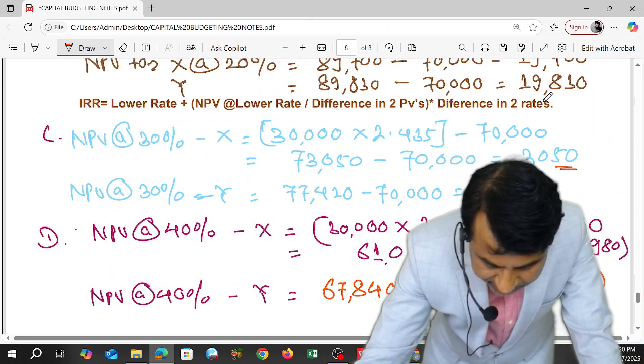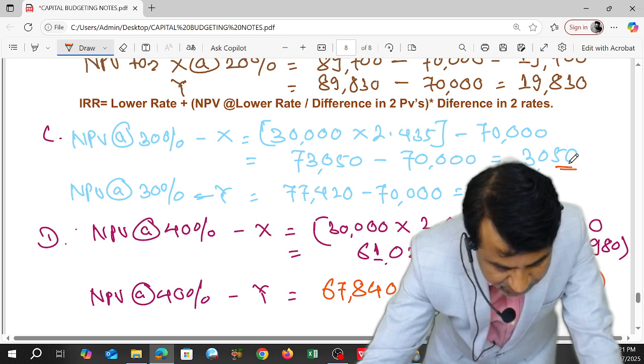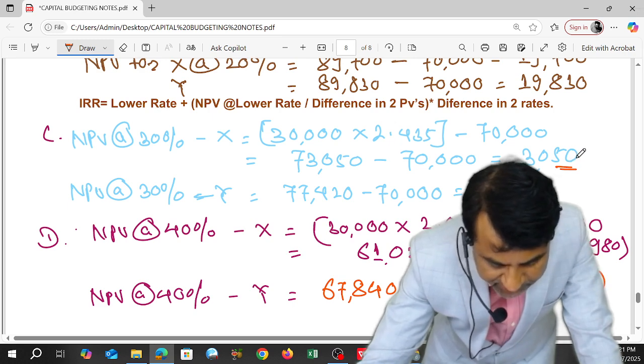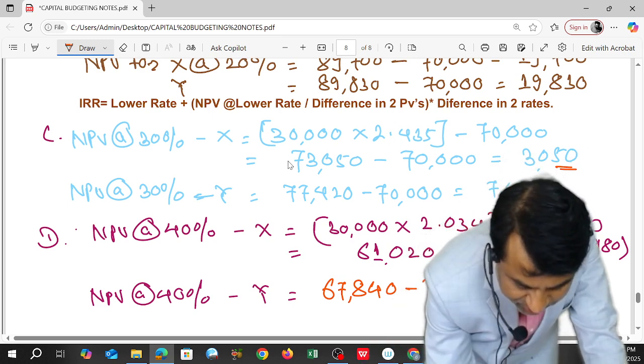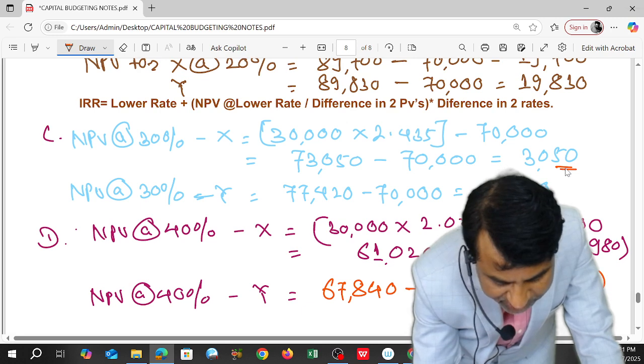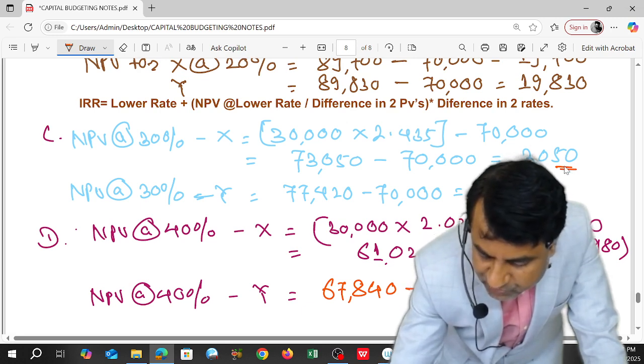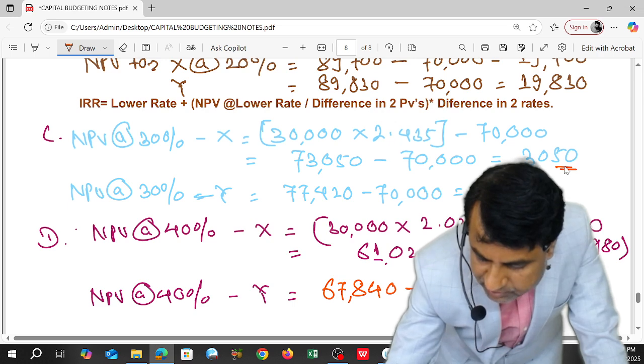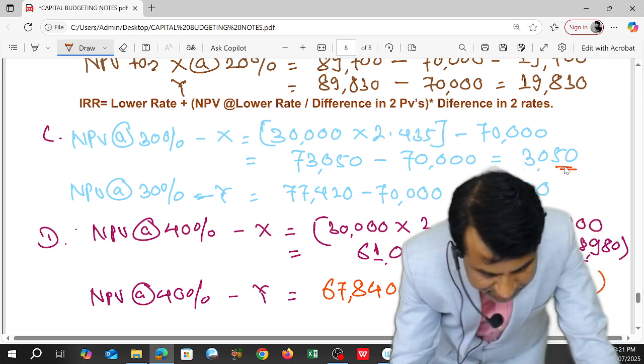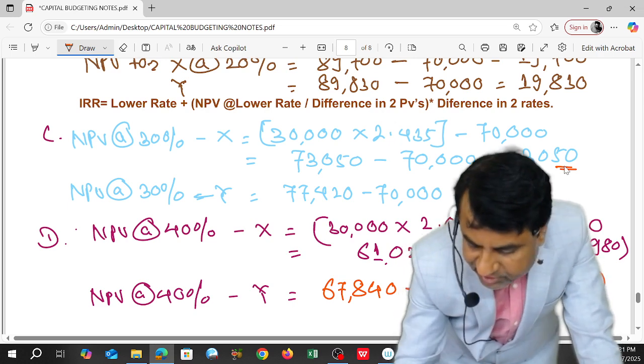तो मेरा 30 का 3050 है या फिर 30 का 73050 है। अगर मैं इसको लेता हूं तो भी चलेगा, 3050 को लेता हूं तो भी चलेगा। तो आई कैन डायरेक्टली टेक 3050, माइनस के बजाय प्लस आएगा, और 40 का आएगा 8980.